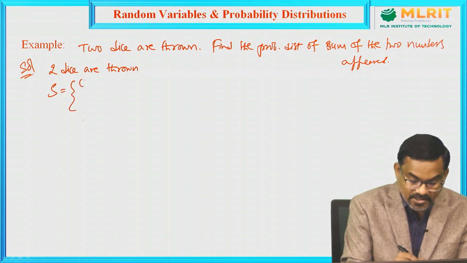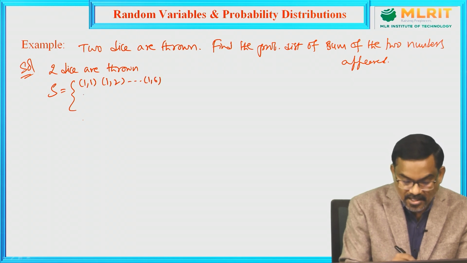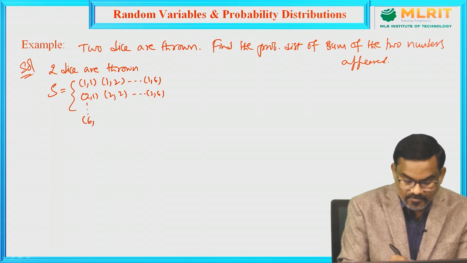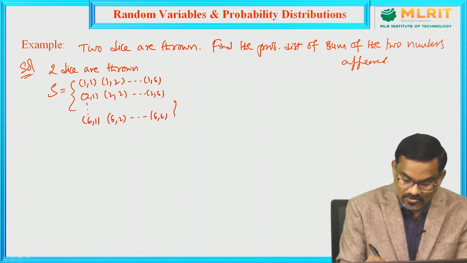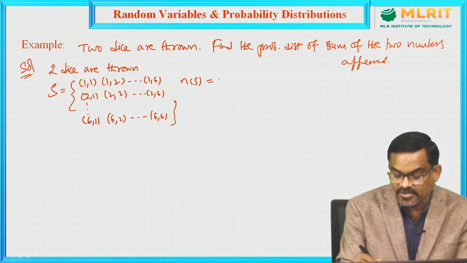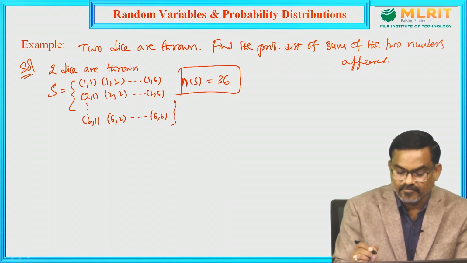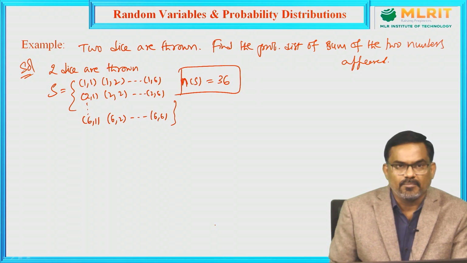The sample space contains 1 1, 1 2, up to 1 6, then 2 1, 2 2, up to 2 6, and so on through 6 1, 6 2, up to 6 6. So, the total number of outcomes is 36, N of S is 36.